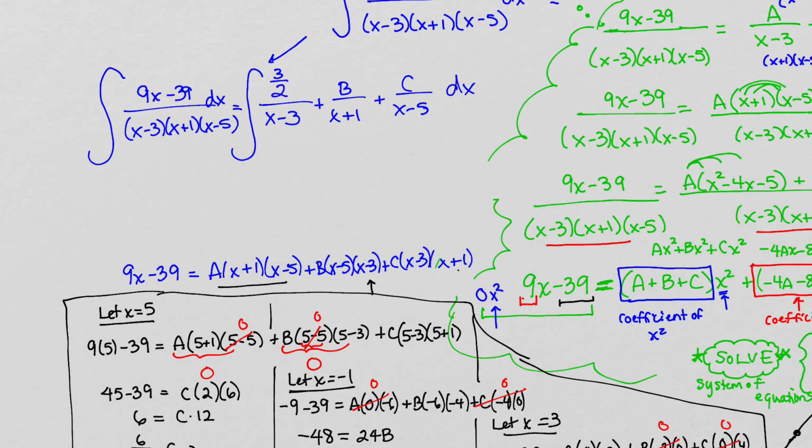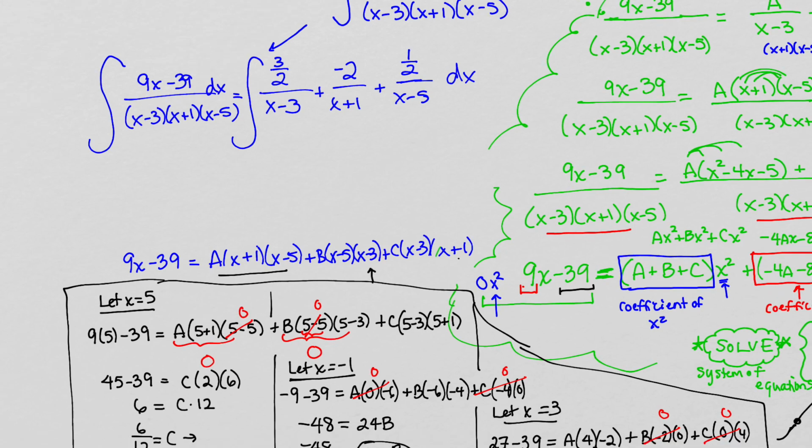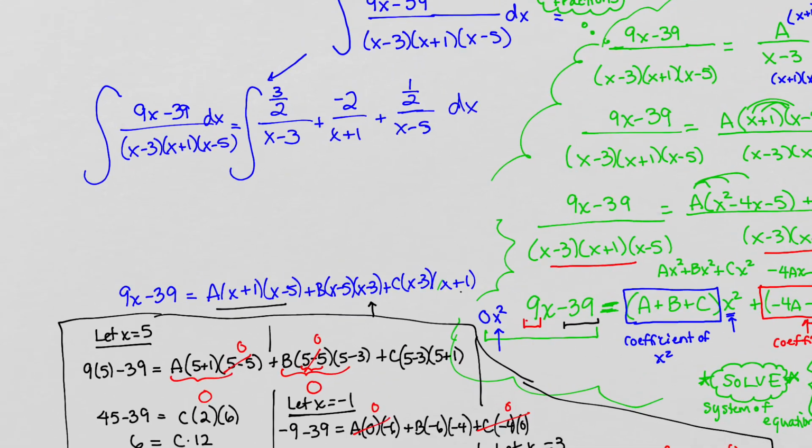In place of B, we are putting -2, so I'm going to erase B and instead put -2. And in place of C, I had 1/2. Are you happy? I'm super happy because we can solve each of these very quickly.